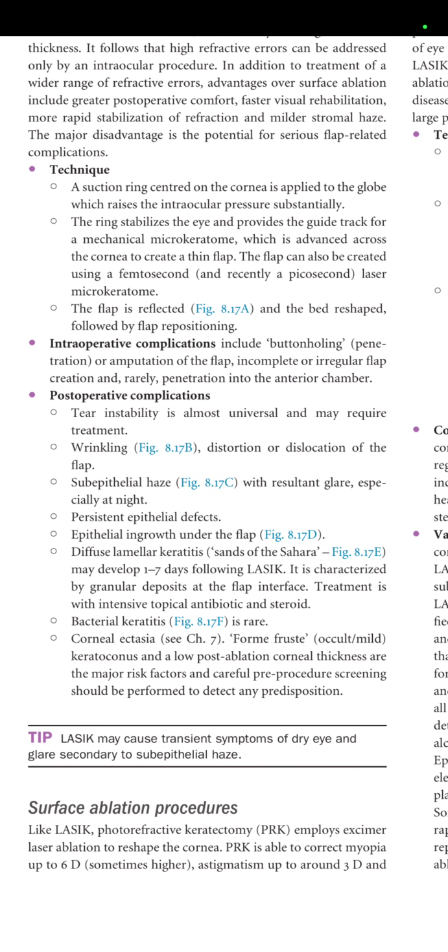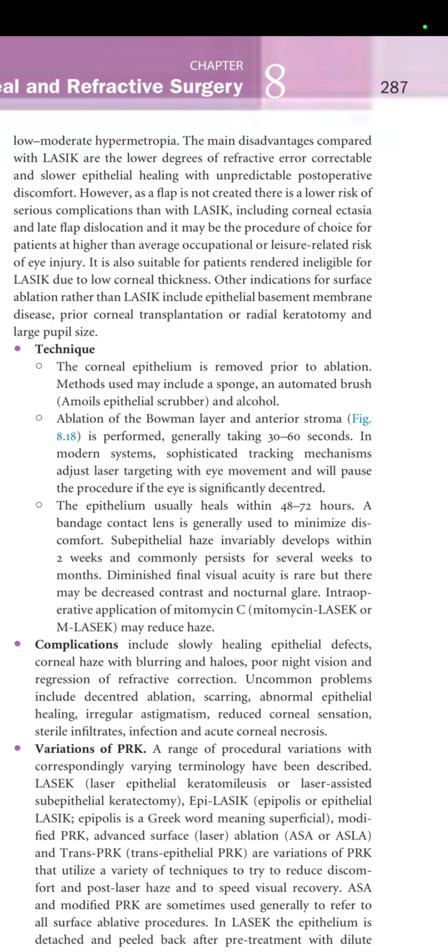Like LASIK, photorefractive keratectomy, PRK, employs excimer laser ablation to reshape the cornea. PRK is able to correct myopia up to 6 diopters, sometimes higher, astigmatism up to 3 diopters, and low to moderate hypermetropia. The main disadvantages compared with LASIK are the lower degree of refractive error correctable and the slower epithelial healing with unpredictable post-operative discomfort.